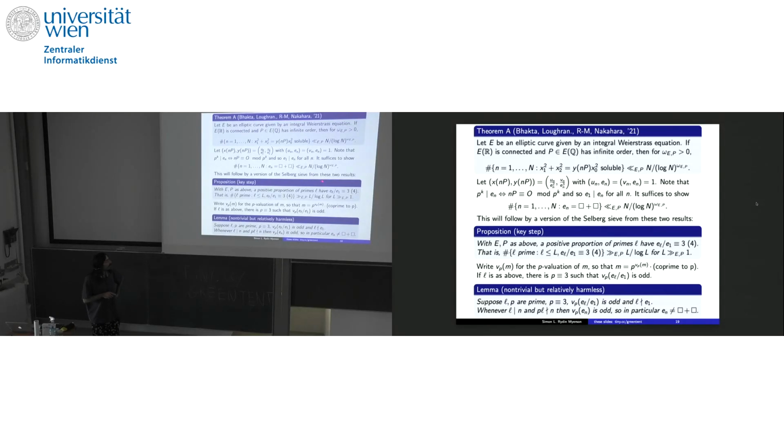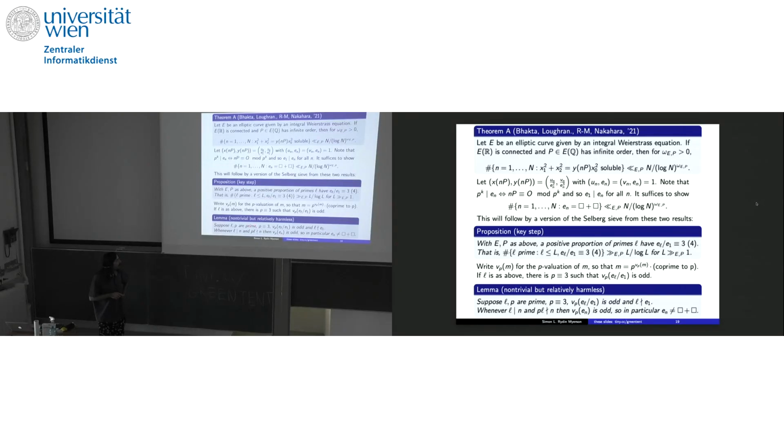So if L is one of these primes, then there's a P congruent to 3 mod 4, such that the p-valuation of this number is odd, because otherwise, if every maximal prime power divisor of this number were 1 mod 4, 2 mod 4, or 0 mod 4, then this thing couldn't be true. Okay.